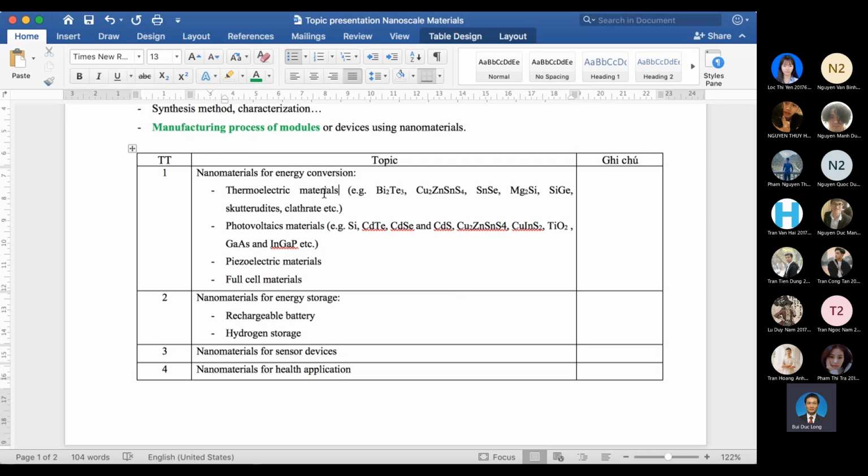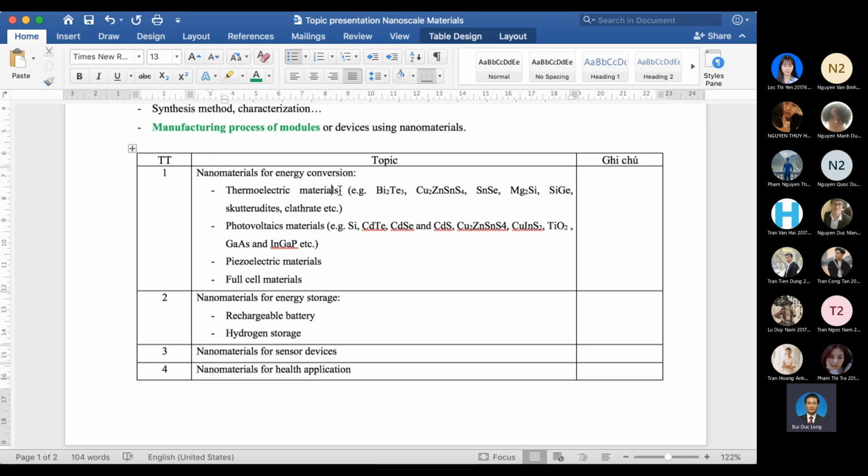Thermoelectric material is a very interesting material. I am studying this material, because energy and environment will be among the most challenging issues of this 21st century. So our topic will cover materials that can convert or generate energy, or store energy.